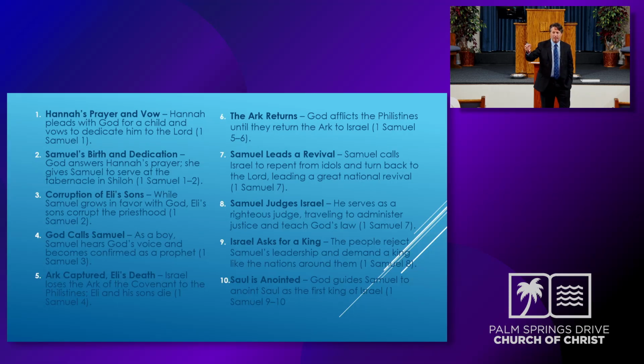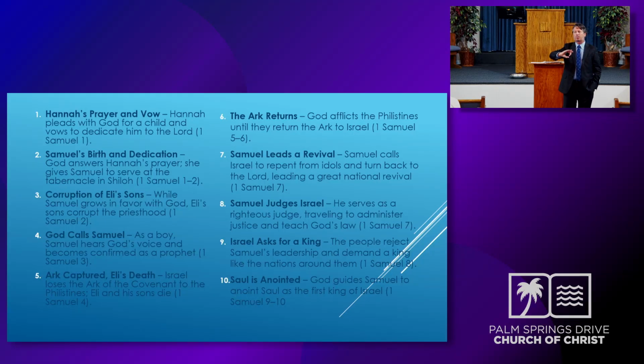And so the people see this, and they're like, Samuel, no offense, but you're old. You're not going to be around much longer, and you say you're going to leave these two yahoos in charge of us? These aren't going to be good people. They're not serving God. This can't work, and they cry out for a king. Why don't you just give us a king like all the other nations around us?